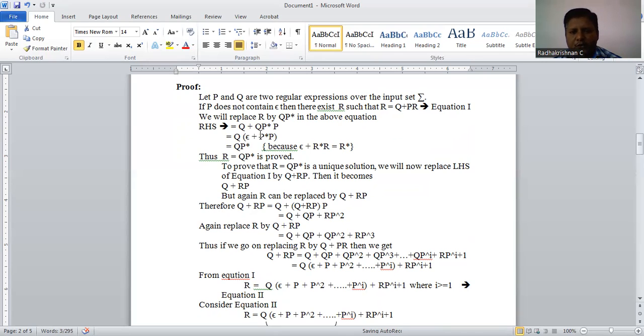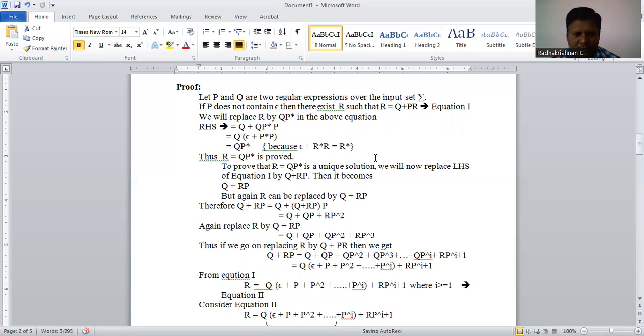So what is the value? R equals Q plus PR. In the position of R, we replace it by QP star. So automatically the right hand side value Q plus PR changes to Q plus QP star P. Now in this particular equation, the common term Q is taken outside: Q open bracket epsilon plus P star P. We already know the identity rule that epsilon plus P star P equals P star.